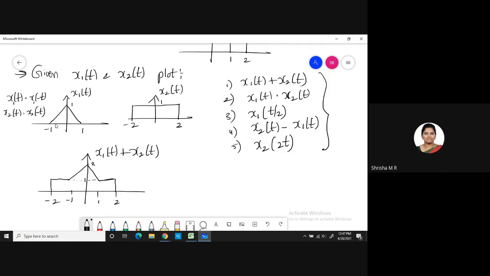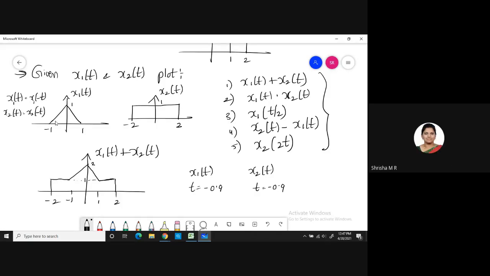Okay. At minus 0.9, what is the signal amplitude? See, in x1 of t, what is the signal amplitude at t is equal to minus 0.9? What is the amplitude for x1 of t and x2 of t? At t is equal to 0.9, it will be 0.9 only, right, ma'am?